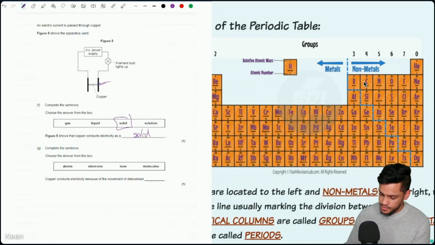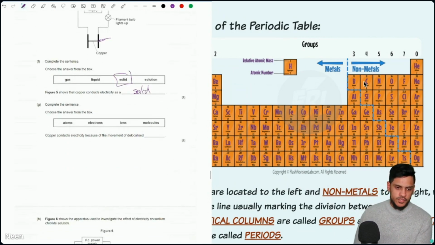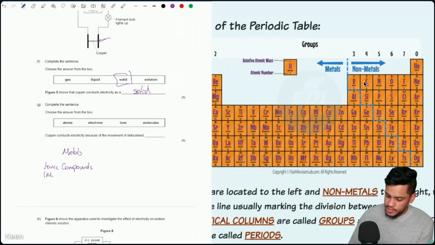Okay. Why do things conduct electricity? In the whole of chemistry, I think you learn 3 different things that conduct electricity. We've got metals. We've got ionic compounds, but they only do that when they're molten or aqueous.